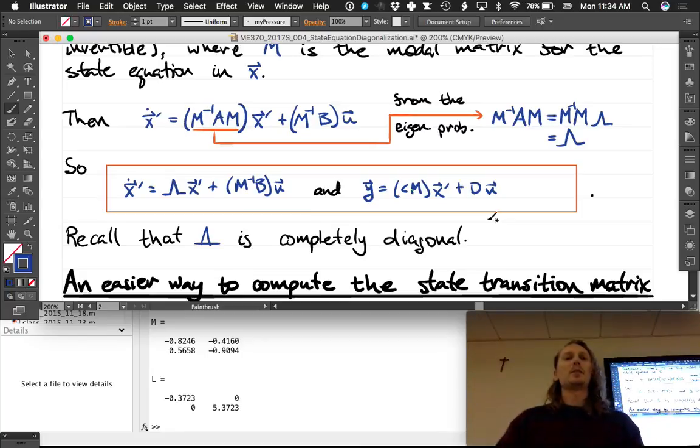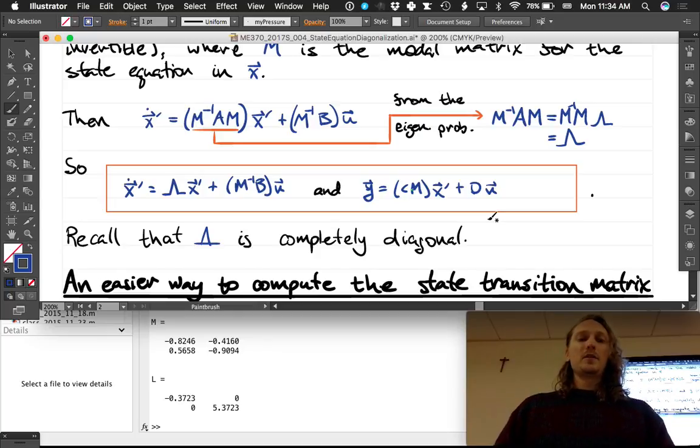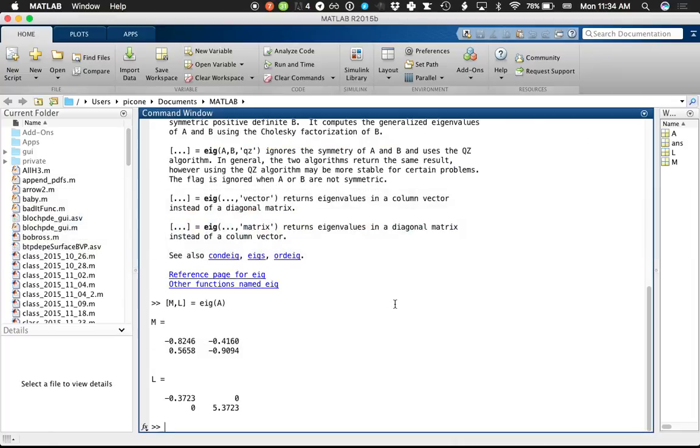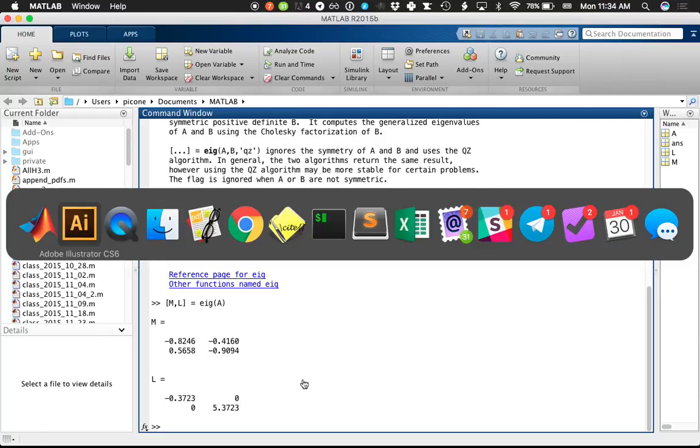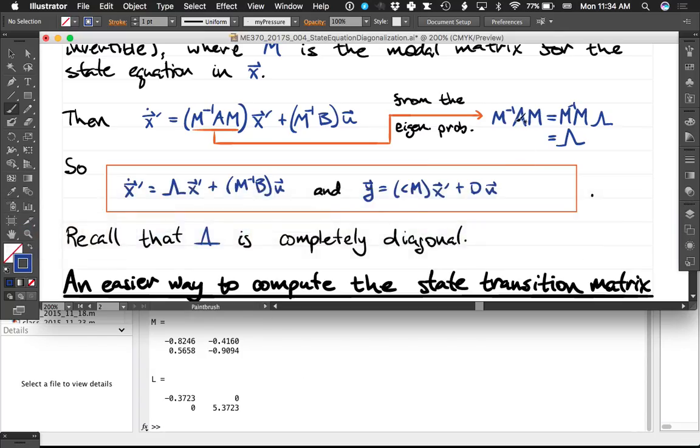So it's pretty sweet. I used MATLAB to do the little eig of A situation here, and I define M and L. So let's take a state matrix A, and let's diagonalize it. Let's see if this actually works. I said that M inverse AM should be equal to lambda.